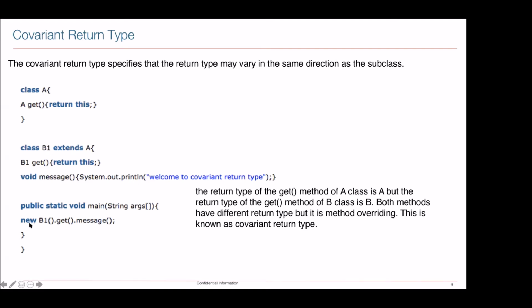And when I'm saying new of this anonymous object B, which means I'm creating an object of the child class, and I'm calling get, and then in turn I want to call a function that is a message. So when you say get, will this get be the get of this B class or the get of this class A?